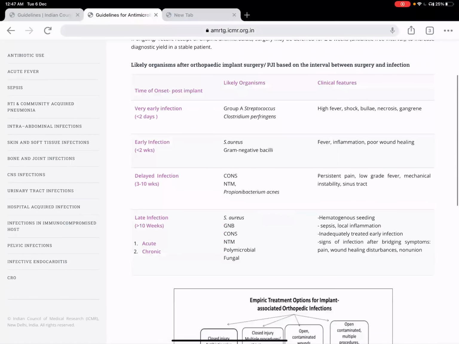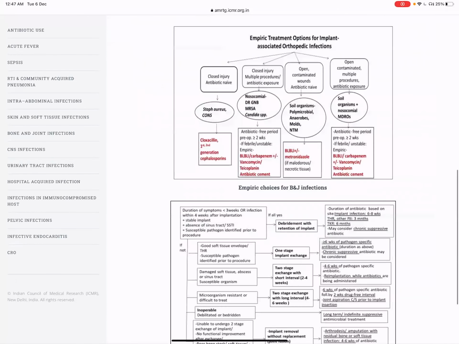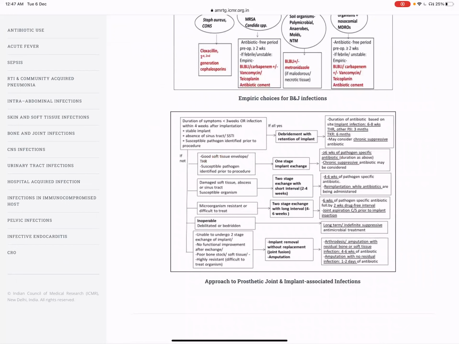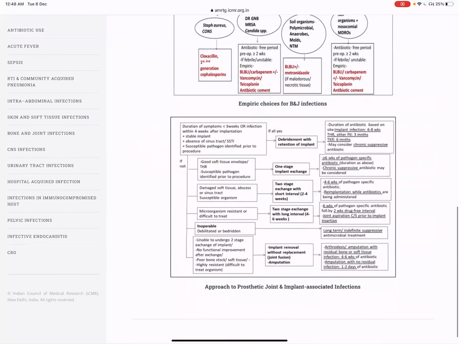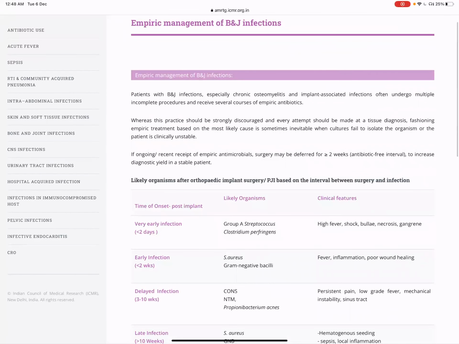Bone and joint infection. Bone and joint infection also, the same thing only will come.